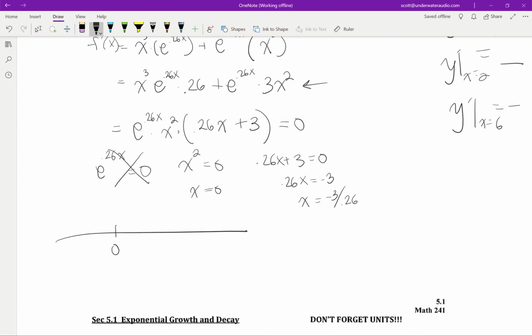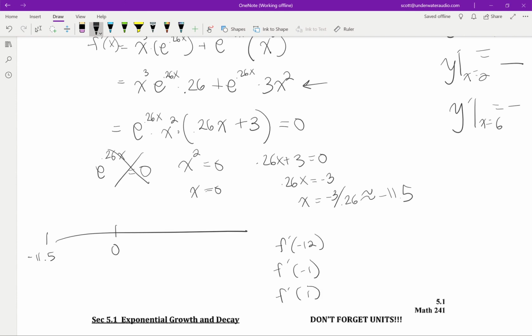So 0, and the other critical point, when I put that into a calculator, I got approximately -11.5. So all the way out here, -11.5-ish, not exact, but it's close enough. So I want to check f prime of -12, f prime of -1, and f prime of 1.